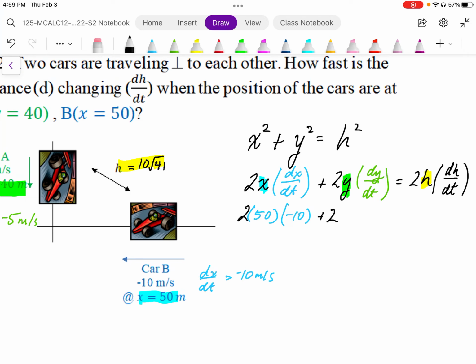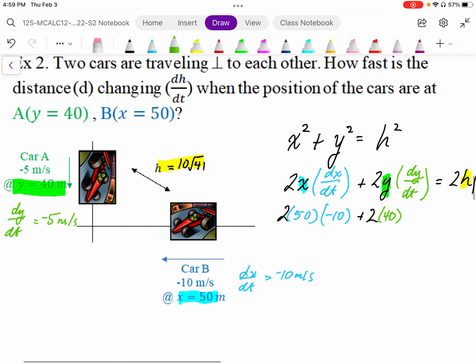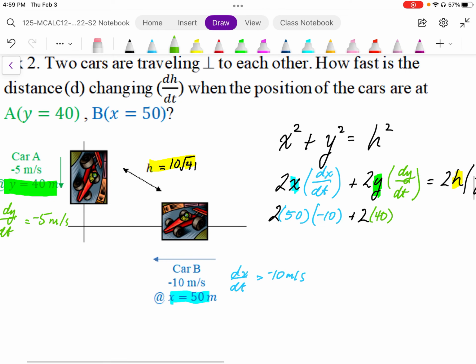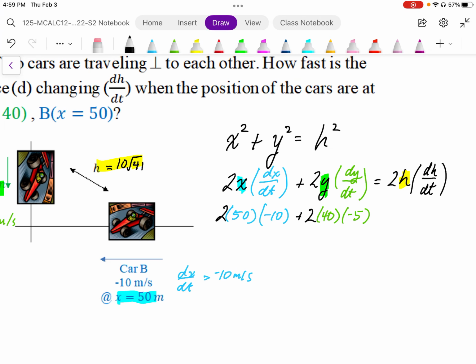Plus 2 times y, the value of y we've been given here is 40, so I'm just going to plug that in. That's 40 meters. Dy by dt is negative 5 meters per second, so I'm going to put negative 5 into here, equals 2 times h. Well, I can replace h with 10 root 41.